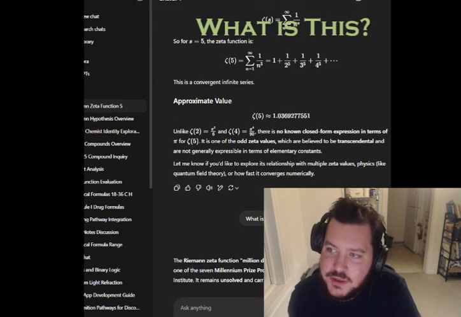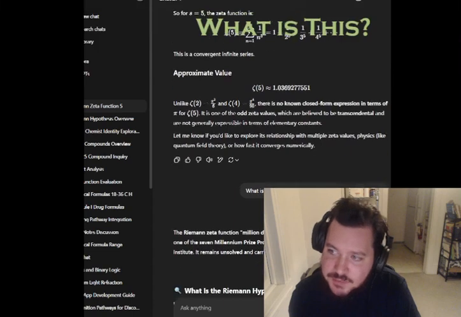So this is a convergent infinite series. Approximate value of ζ(5) is approximately 1.03692775551.